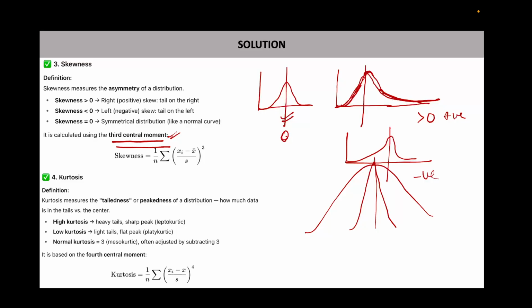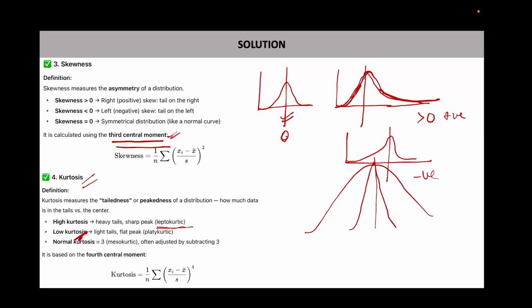When you're talking about the sharpness of the peak, or whether your tail is far, or you are comparing the sharpness and the length of your tail, that kind of value is calculated by the kurtosis value. If you have a high kurtosis value, that means the data will have a very sharp peak but very heavy tails. This kind of data is called leptokurtic.